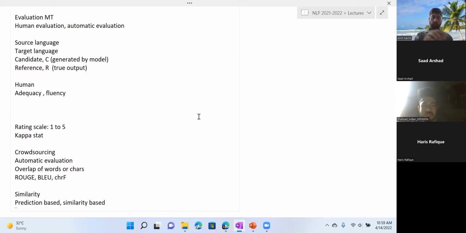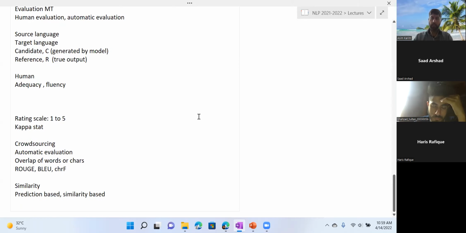In a way, in one case you're using a classifier, in the other case you're not using a classifier, simply doing comparisons of similarities. But in both cases, explicitly or implicitly, similarity is involved, or the notion of embeddings is involved. So these are the two broad categories of automatic evaluations.